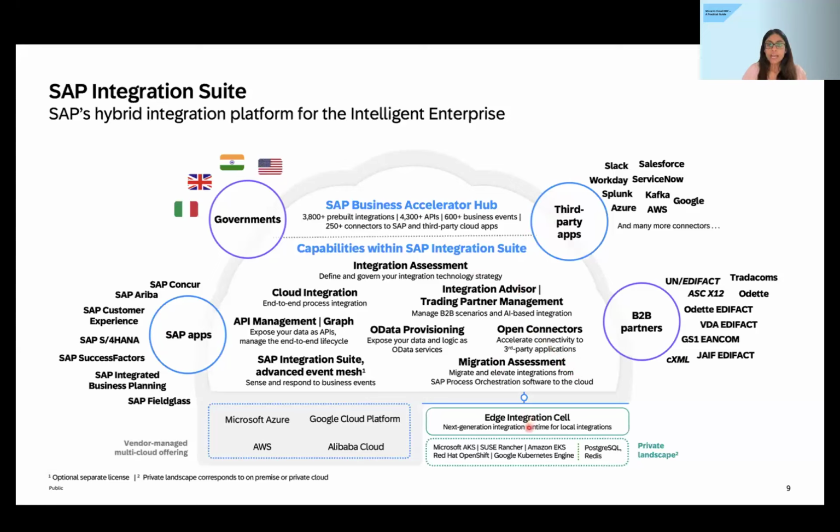Now, coming to the hybrid part of it, there was also a need from PI/PO customers to run their integrations in their private landscape, basically. So we have come up with a runtime on Kubernetes, which you can run in your private landscape. You can design APIs and your integrations in cloud, and deploy and run them on your private landscape.